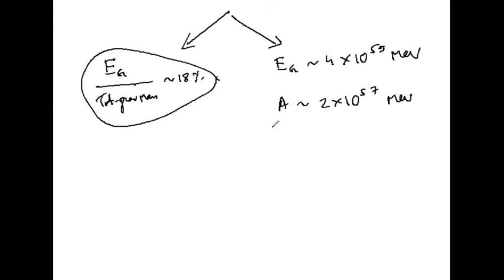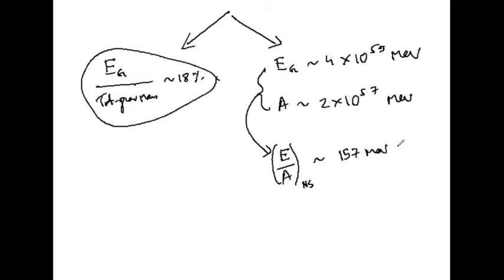So just from these two things I get an idea that the gravitational energy per nucleon, E by A, in the neutron star is of the order of 157 MeV per nucleon.